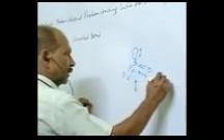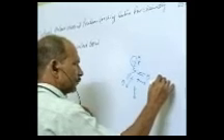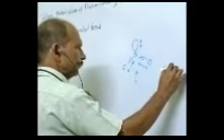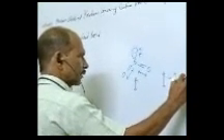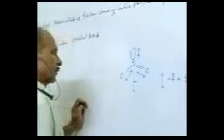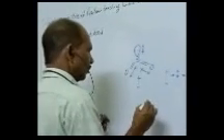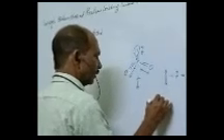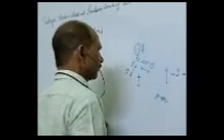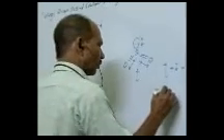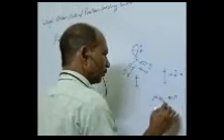So the resultant will be somewhat less than expected. Okay. So mu of sulfur dioxide is less than expected due to presence of lone pair, but it is a polar compound. It is not equal to 0.